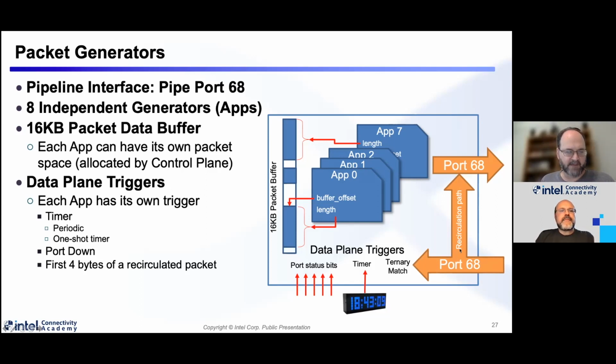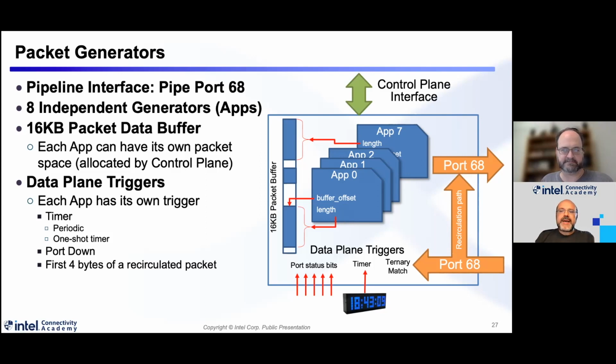You can configure an application with a 4-byte value and a mask, and if the first 4 bytes of a recirculated packet match that value and mask, that will trigger the packet generator as well. Of course, there are APIs that allow the control plane to configure all these different features in those packet generators. Exactly. For each of the 8 applications, we get a choice independently of the trigger, the payload, etc.